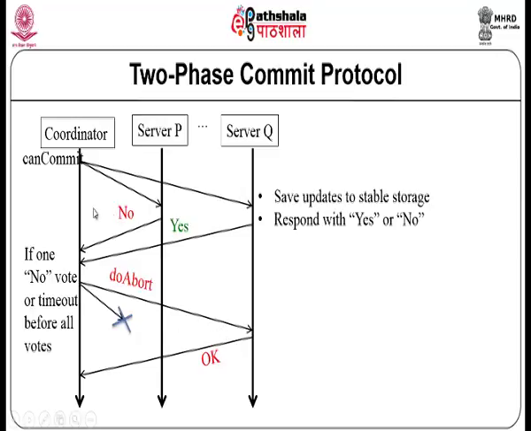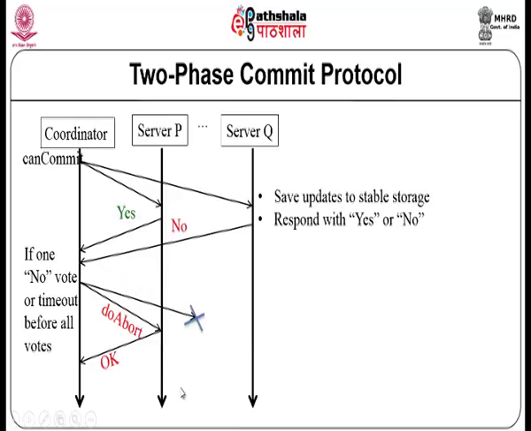In case one of the participants says no, and the other participant says yes, then the coordinator takes a do abort decision. If server P said no, there is no need to tell server P do abort; only server Q, who was ready to commit, gets a do abort message, and it says OK.